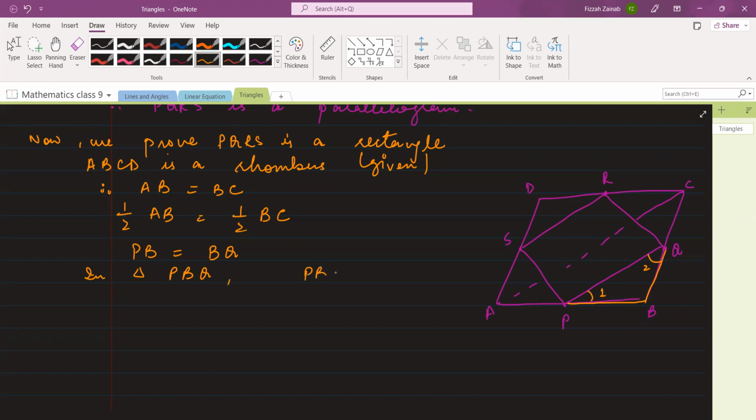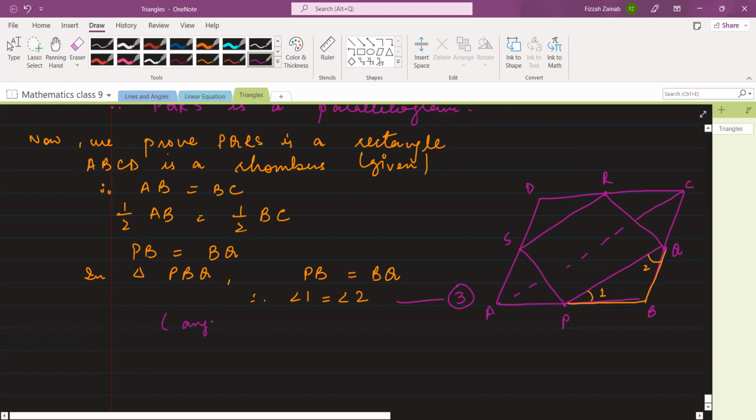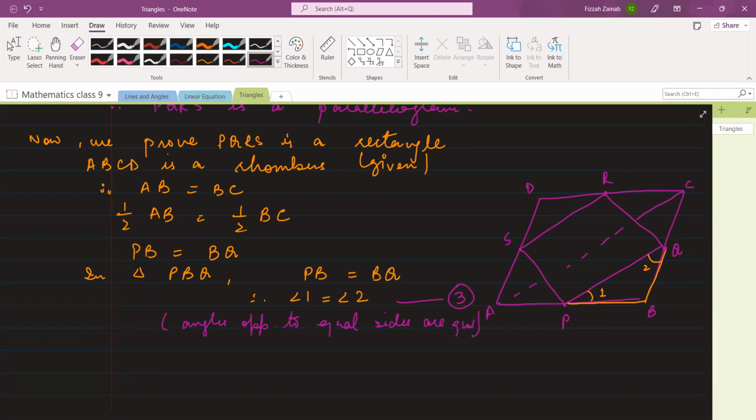So I have PB is equal to BQ, and therefore we can say that angle 1 is equal to angle 2. So we will use this result later. You can call it your equation number 3. And yeah, please write the reason also, that angles opposite to equal sides are equal. Right? So basically we are trying to show that this angle, this one, is 90 degrees.